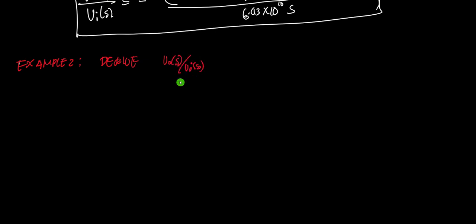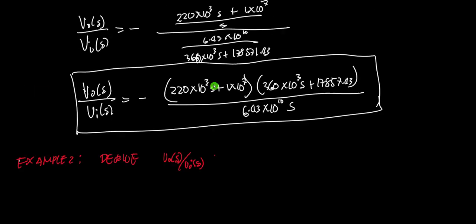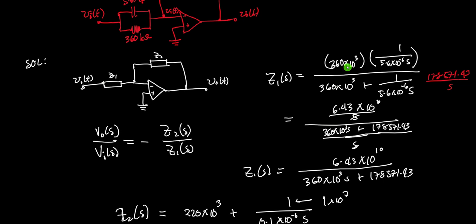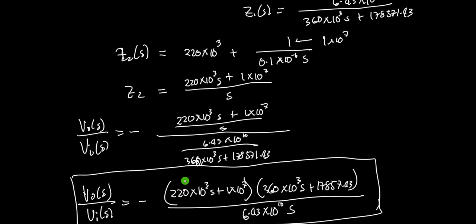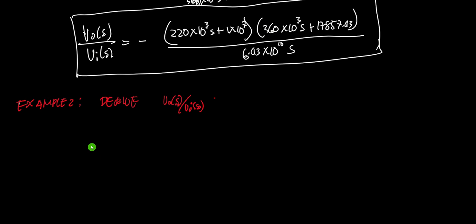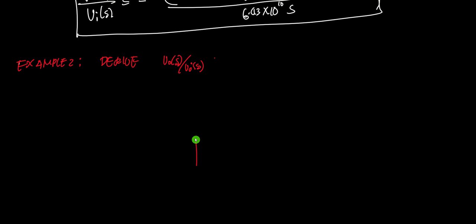This time I will not use any given values, so I can just plug in any values later on, since it's hard to calculate them through your calculator. If we have a non-inverting circuit, we have here an operational amplifier.